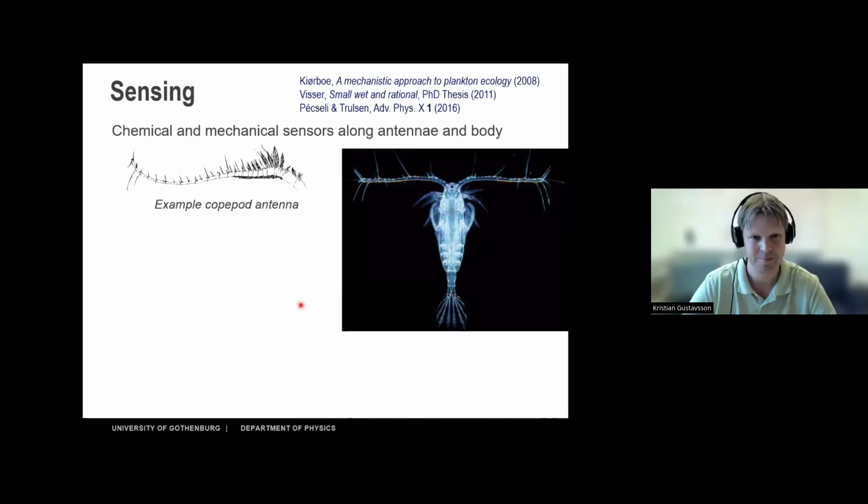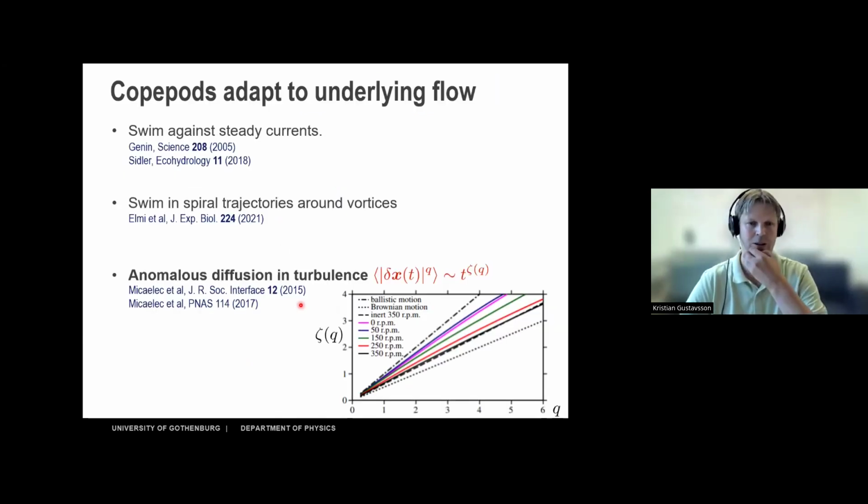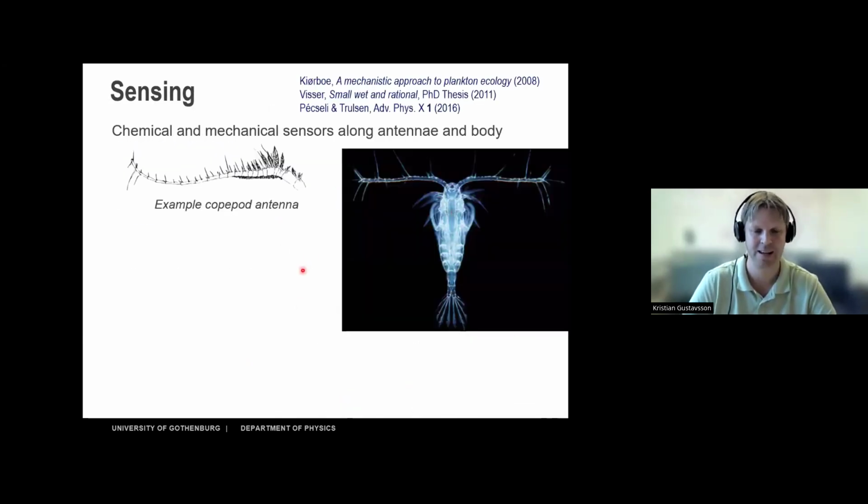Okay. Yeah. So we see that they can adapt to the underlying flow, and the question now is, how can they do this? I will not go into the details. I don't know all the details, but basically they have chemical and mechanical sensors along their antenna and body. If you look at the copepod, you see these hair-like structures, and these will bend depending on the flow at this position, and that would help you navigate.